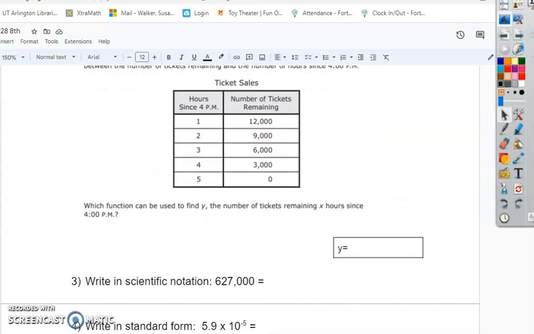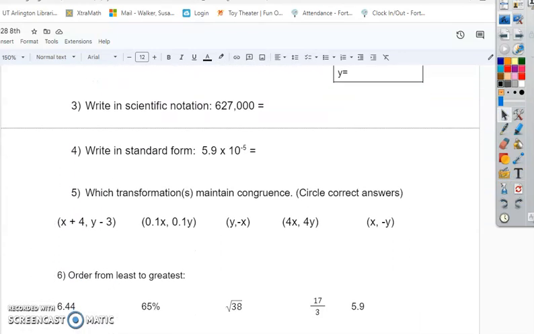This came from a 2018 STAR. Write in scientific notation. So remember, we want a number between 1 or more but less than 10. So put my decimal right there, right? 6 is 1 or more but less than 10. 6.27.